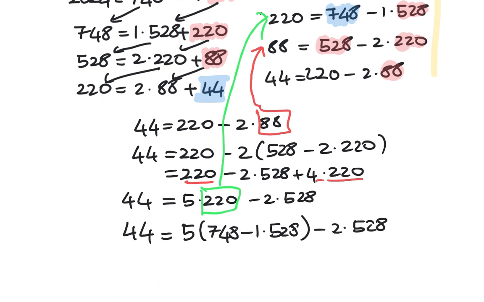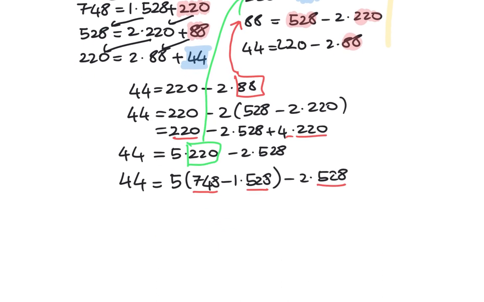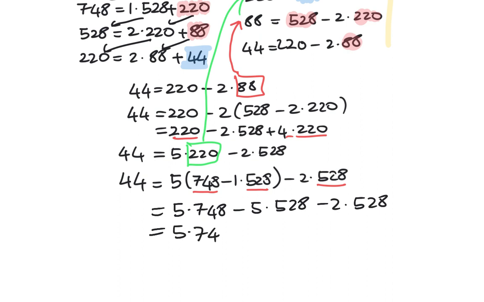Again, 748 and 528 are remainders, so I don't want to multiply them out. So I'll write 5 times 748 minus 5 times 528 minus 2 times 528. I will collect together the common remainder, 528, to have minus 7 times 528.